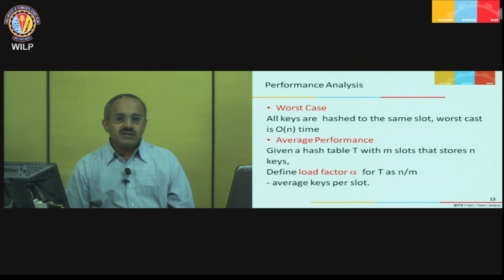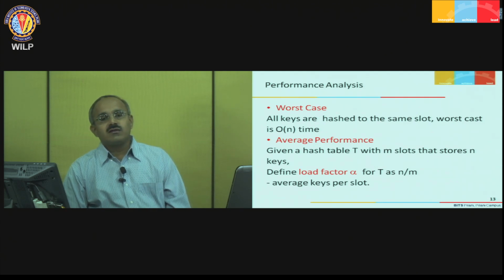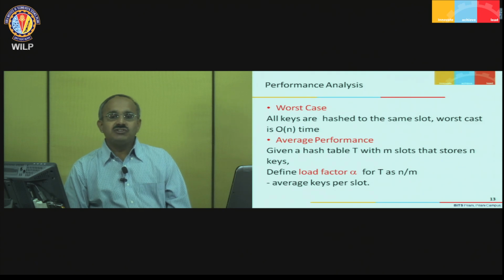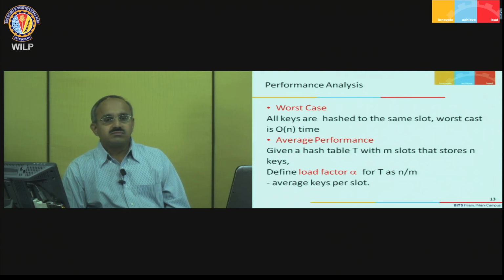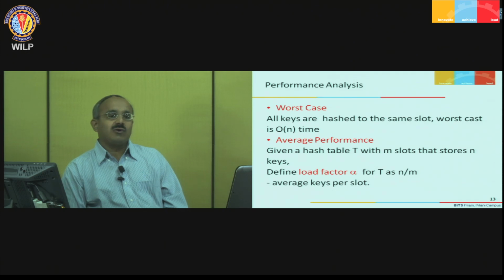Let us try to analyze the performance of hash tables where collision is resolved using chaining. So, obviously, the worst case is all the elements that you want to store get hashed to the same slot.